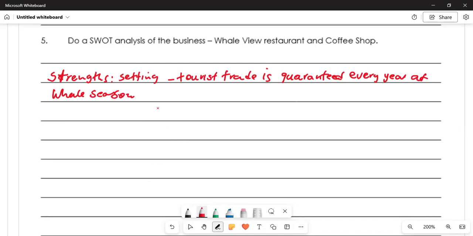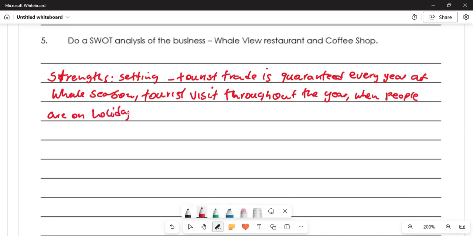When people are on holiday, they tend to eat out. So that is a strength of this restaurant.